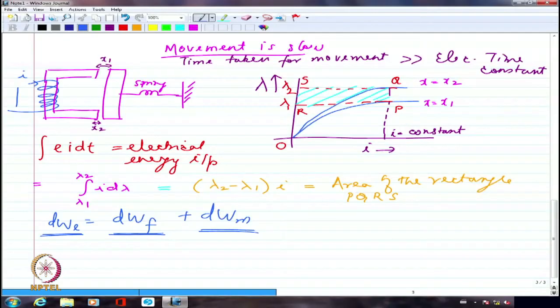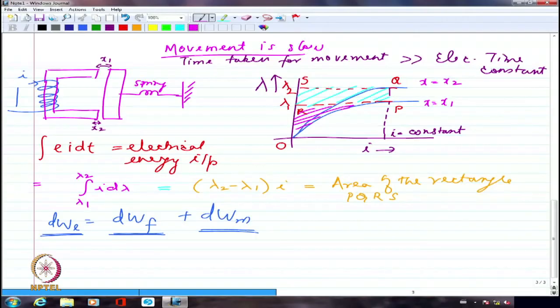Let us look at whether there is any change in the field energy. We said field energy under a given situation is the integral of I d lambda. So if I look at the field energy in the first case, I should have this entire area as I d lambda, corresponding to the first condition where the moving part is at a distance x1.